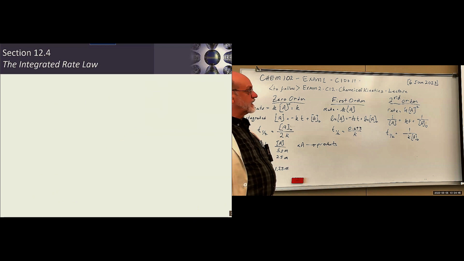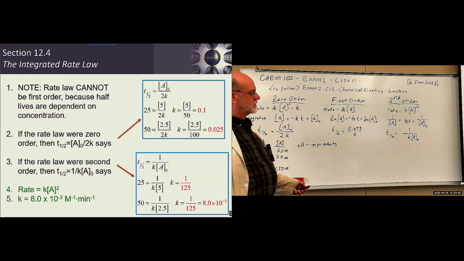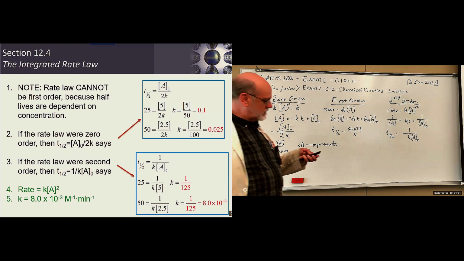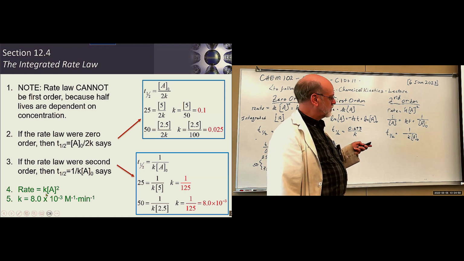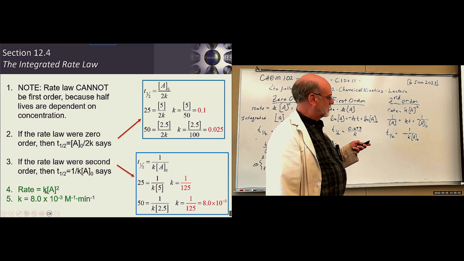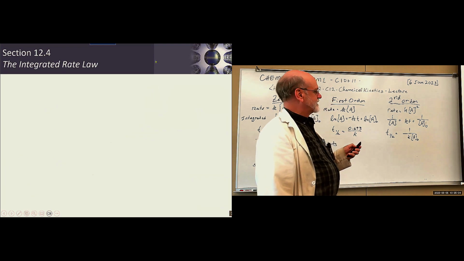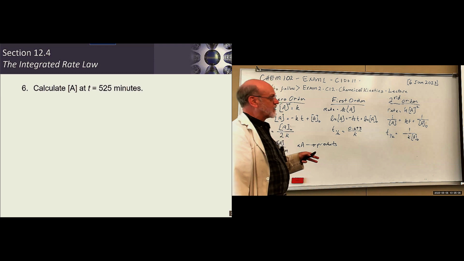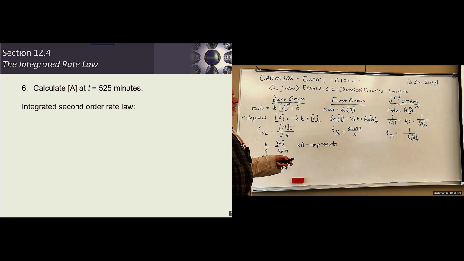So the rate law would be this K value, plug it right in there. So if we do that and we calculate A at 525 minutes, then we start off with 5 as our initial. Right?